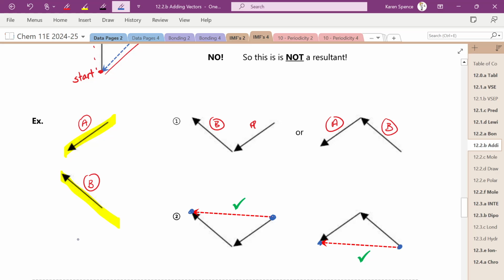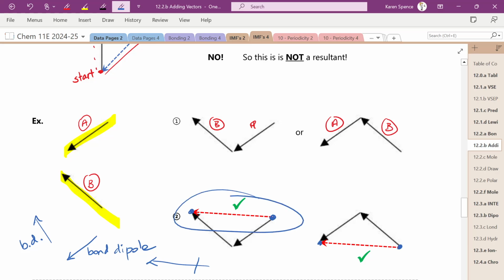So if I had a bond dipole and another bond dipole, whoops, did I do that wrong? Another bond dipole. The sum of those, my net dipole for the molecule, would point that way, like that.